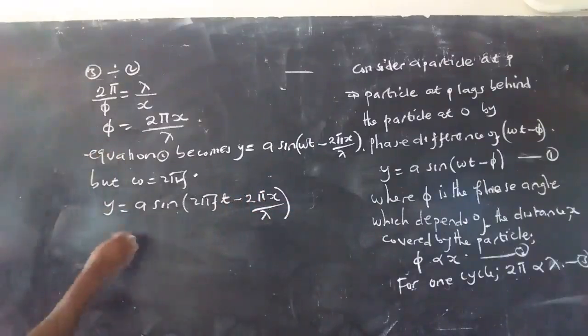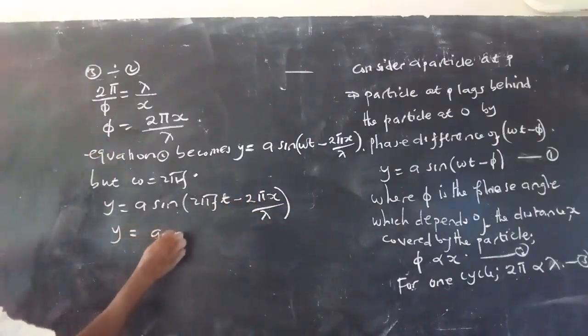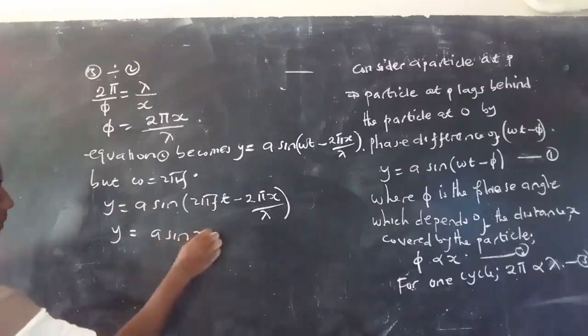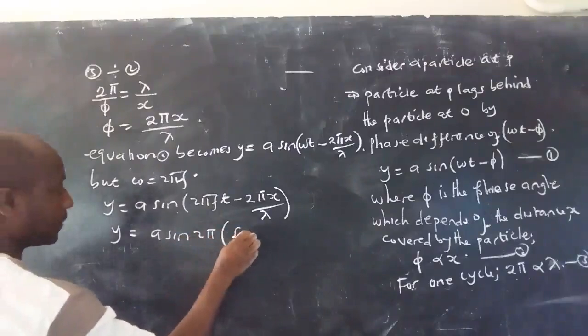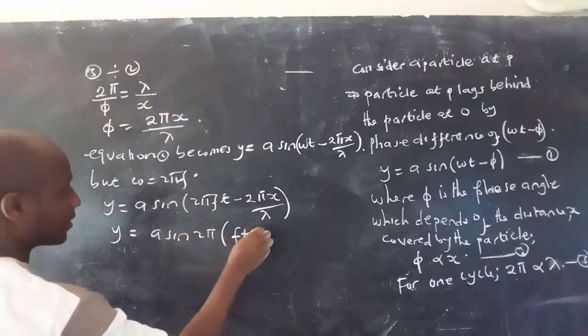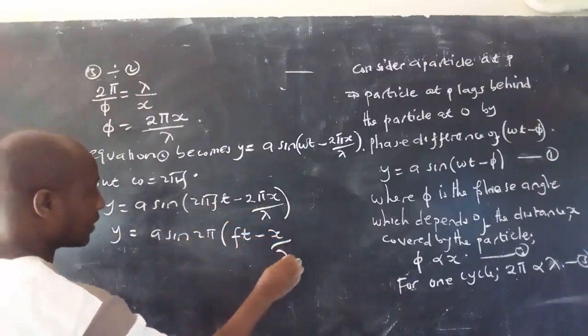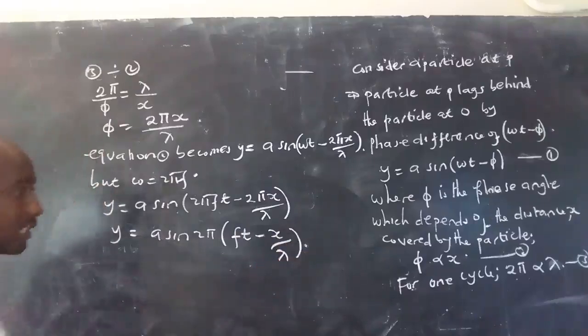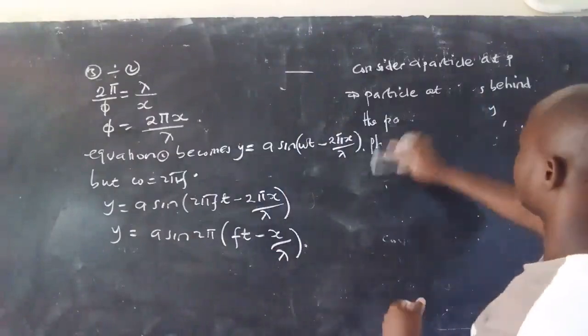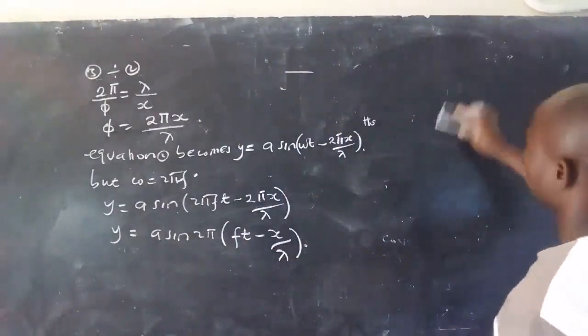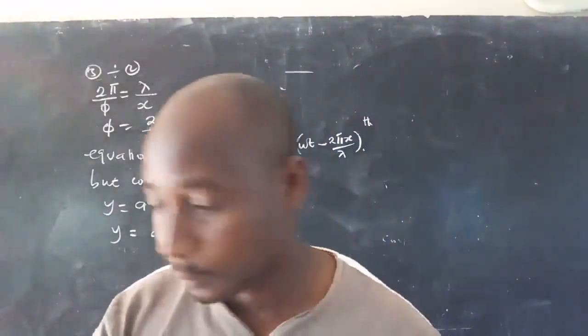Factorizing out 2 pi, y becomes a sin 2 pi into f t minus x over lambda. Very important equation.